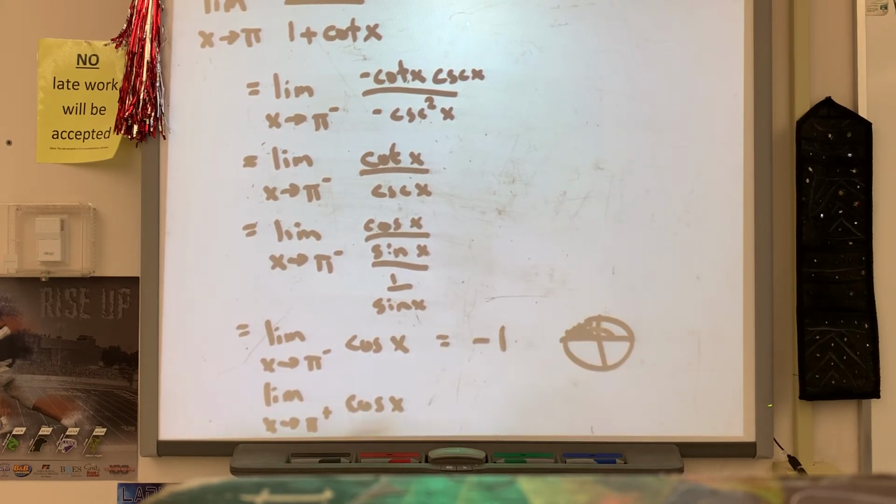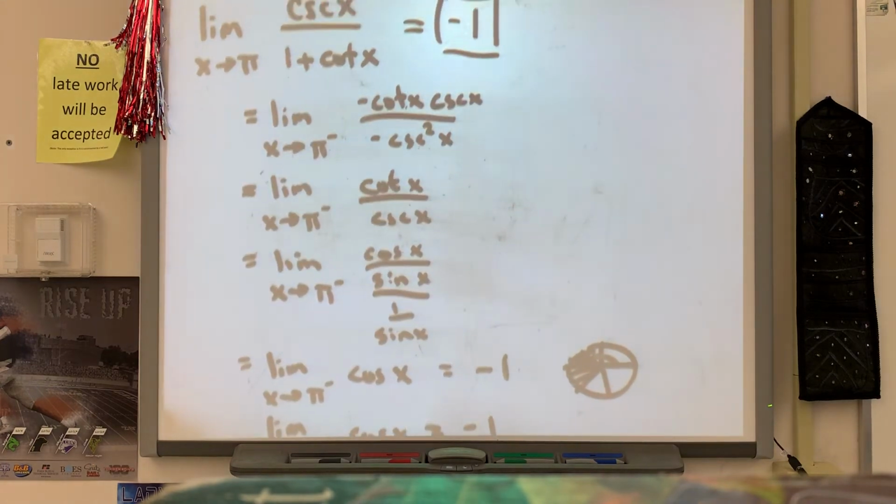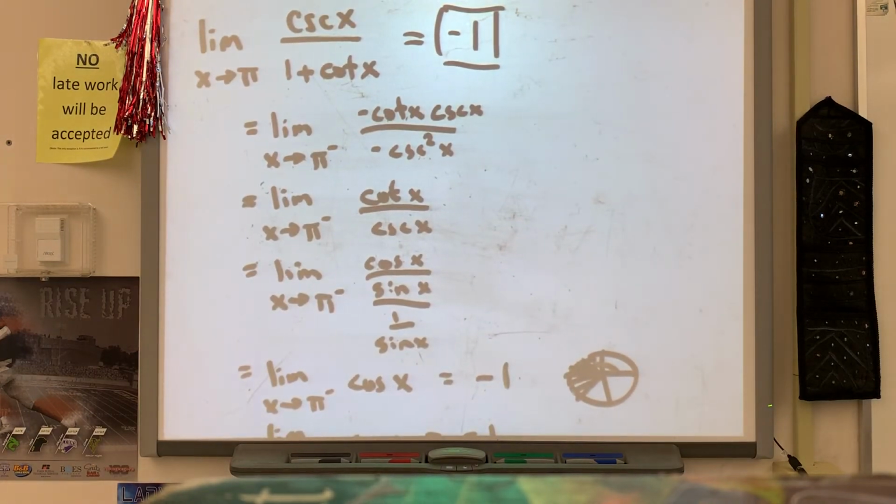Well, this is just saying now, what happens as I approach pi from bigger numbers, from bigger angles, getting closer and closer to pi? What's happening to cosine? It's also approaching negative 1. So if we notice, the left-hand limit and the right-hand limit are both negative 1, and so we can comfortably say the two-sided limit as x approaches pi of that expression is just negative 1. Right up there. Okay, so hopefully that helps.